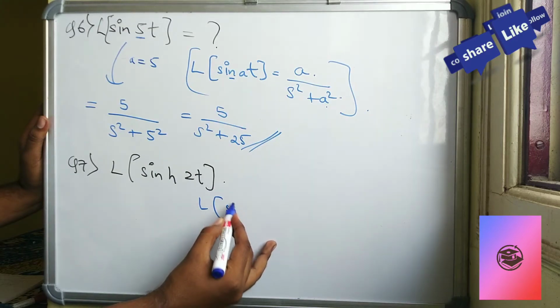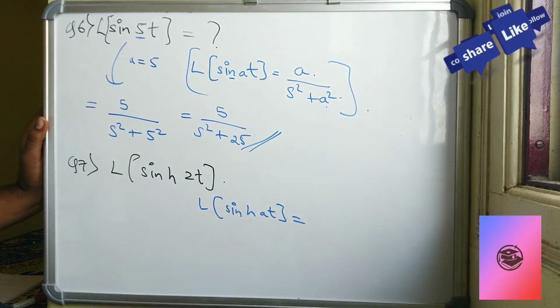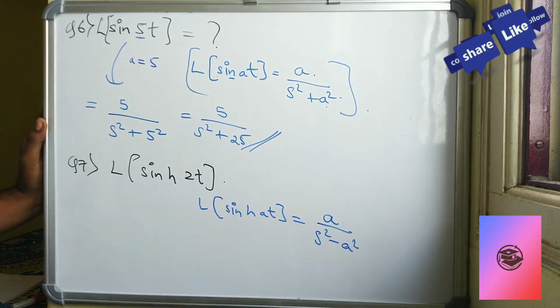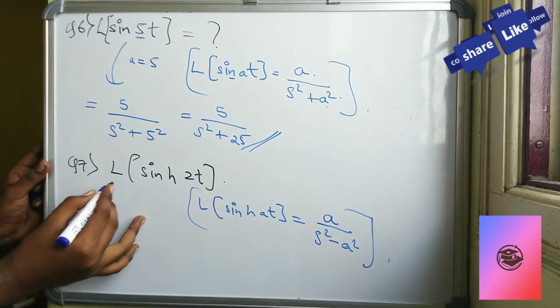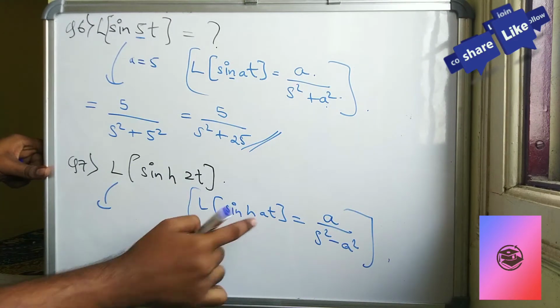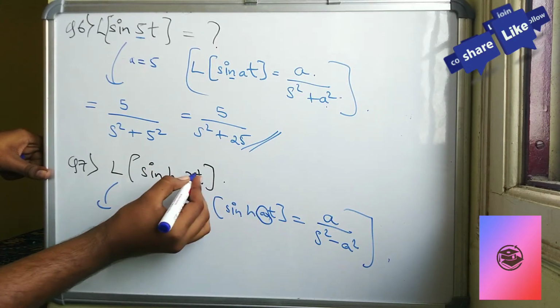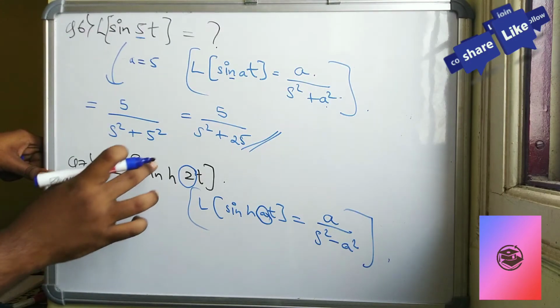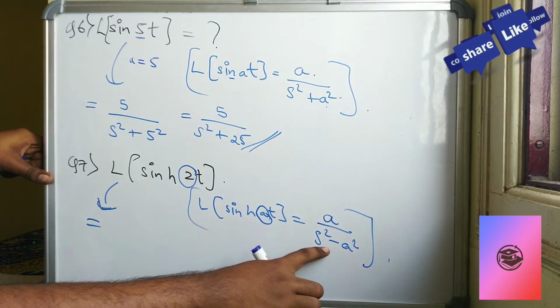The Laplace transform of sine hyperbolic at is a by s square minus a square.